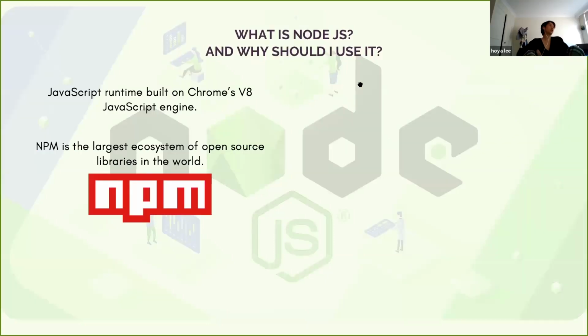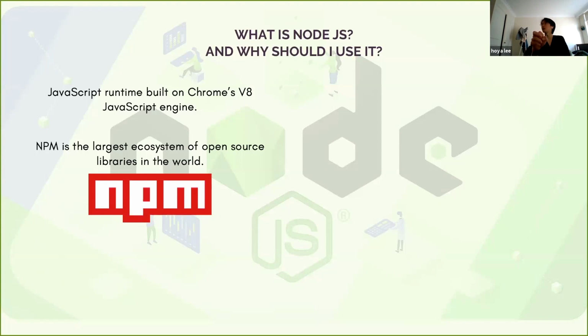Also, Node.js has one of the biggest ecosystems of open source libraries in the world, called NPM. NPM libraries are usually reliable, and NPM is just a way of downloading different packages so that you can use different code without implementing it yourself.